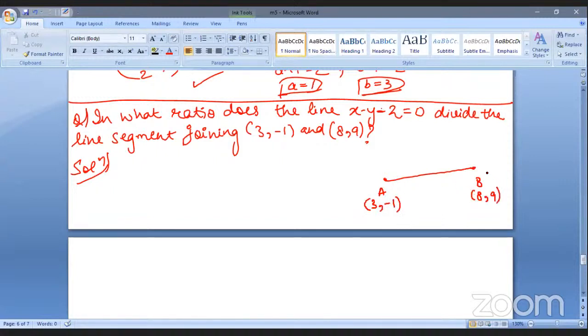A and B. Now, a line is there which is cutting it. A line is there which is cutting it. 2:3. Again, I would say that yeah, there is one thing wrong.